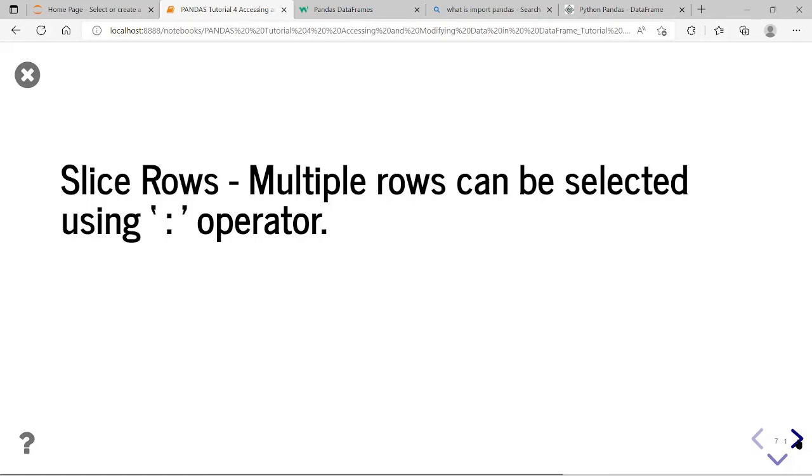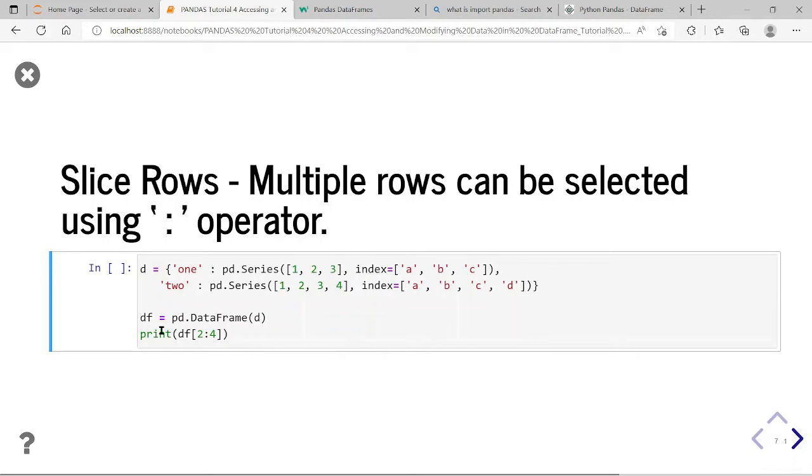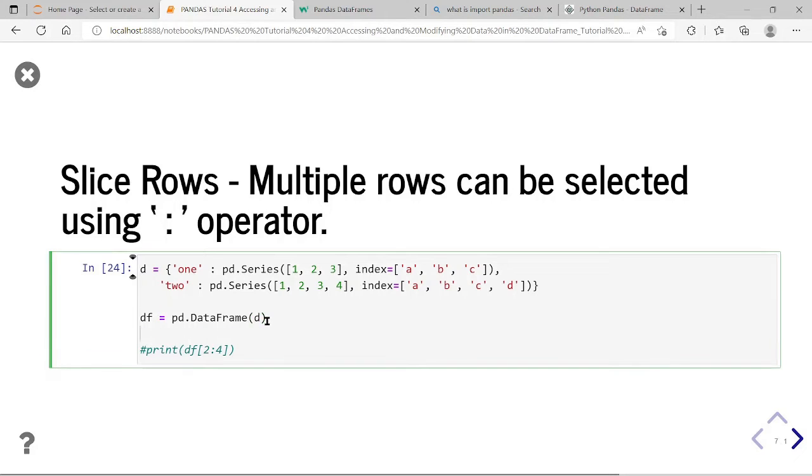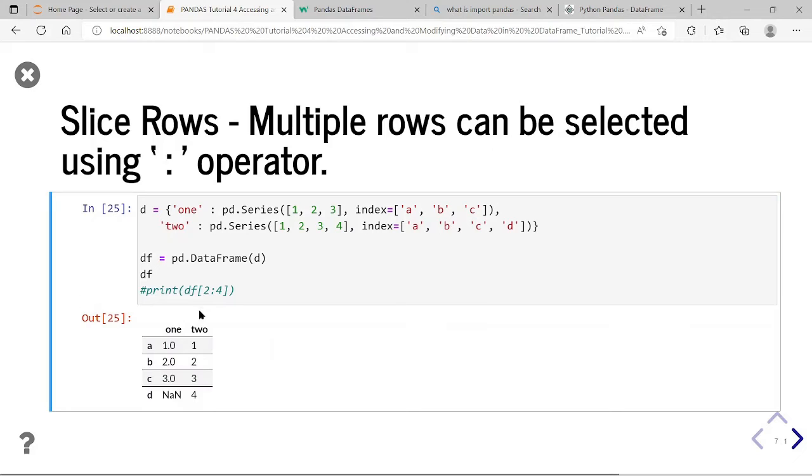Then multiple rows can be selected using the colon operator. Let us see how we can do that. Let me form the data frame D. So now I have the data frame D. To select multiple rows, the rows are A, B, C, D or 0, 1, 2, 3.